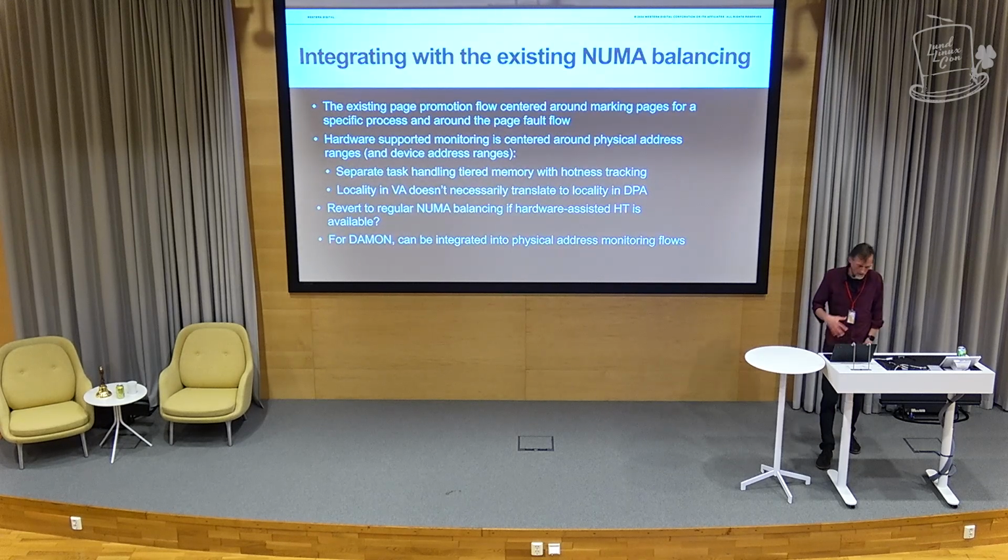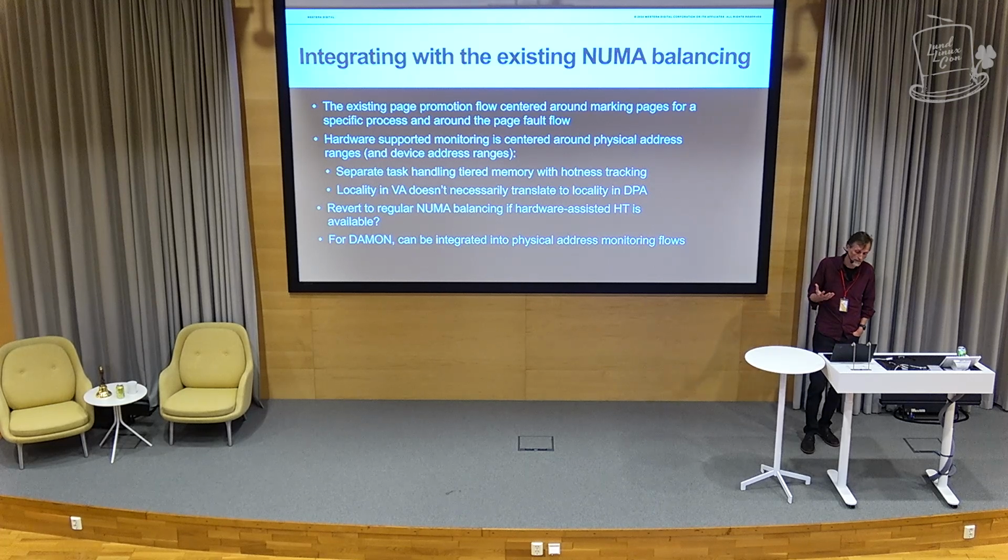So if we look at the tiered NUMA balancing that we just looked at a few slides ago, you have a flow based around a running application, where you mark some of the pages and then you get page faults. It's all a flow centered around the virtual addresses of the application and the page fault flow.